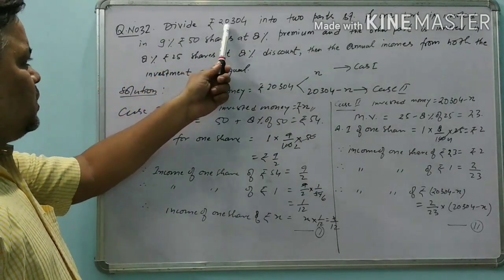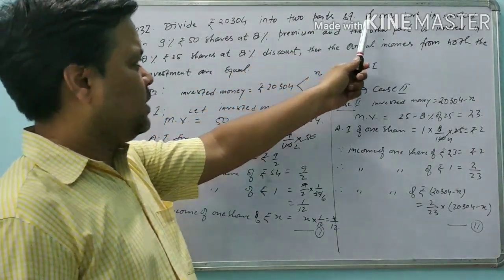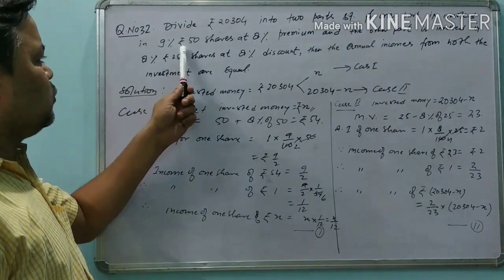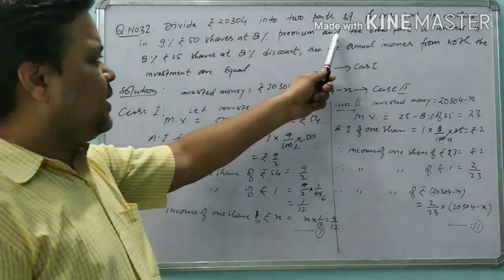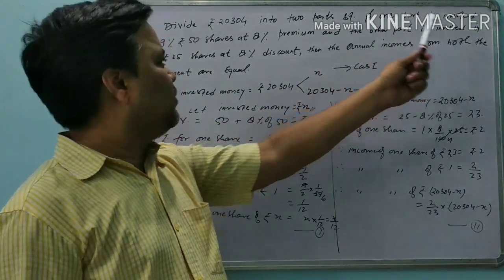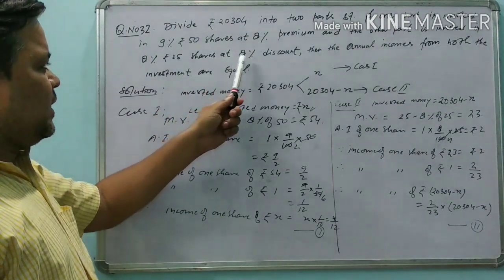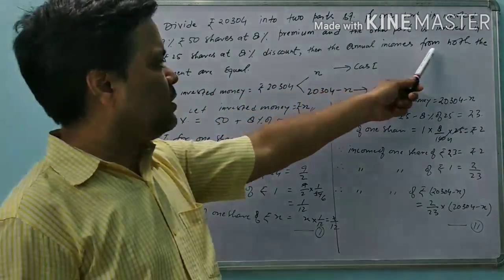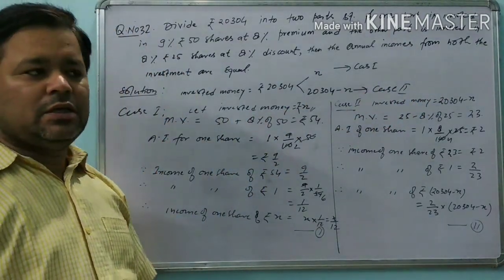Divide 20,304 rupees into two parts such that if one part is invested in 9% rupees 50 shares at 8% premium and the other part is invested in 8% rupees 25 shares at 8% discount, then the annual incomes from both the investments are equal.